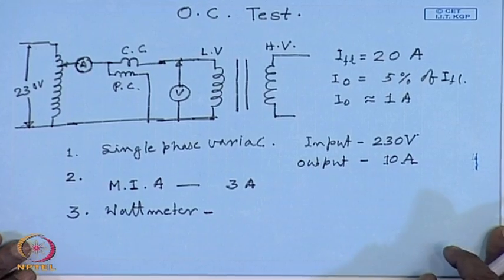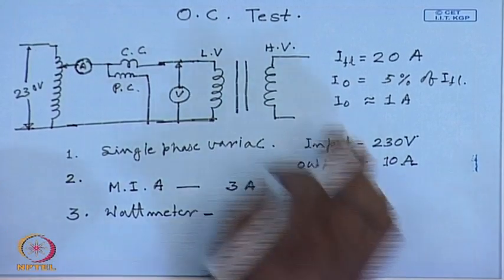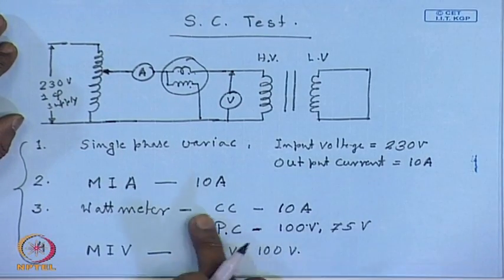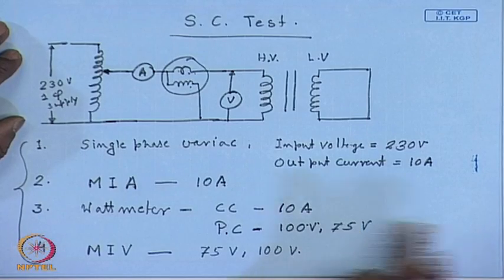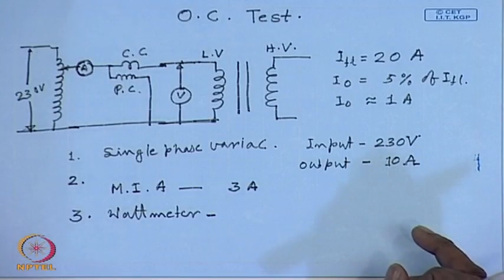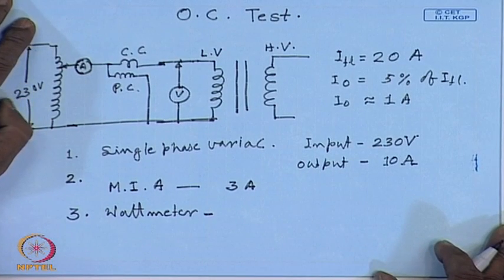So, preferably a 2.5 ampere or 3 ampere current coil rating would be good. Obviously, the wattmeter used in the short circuit test will not be useful here, because again we will have the same problem of accuracy. So, we cannot use a wattmeter with 10 ampere rated current; we will have to use a much lower one, and 2.5 ampere would be ideal.